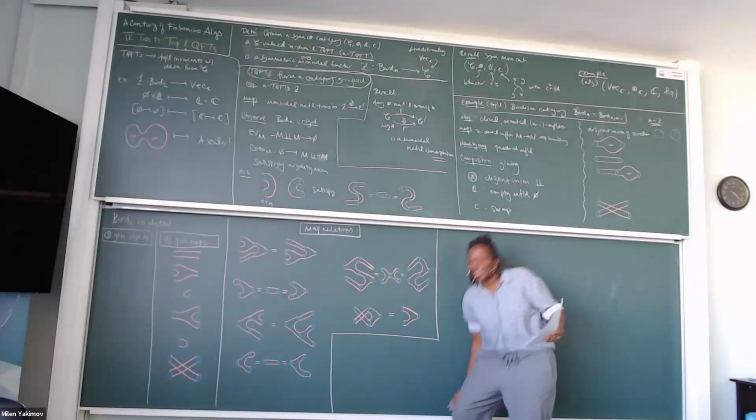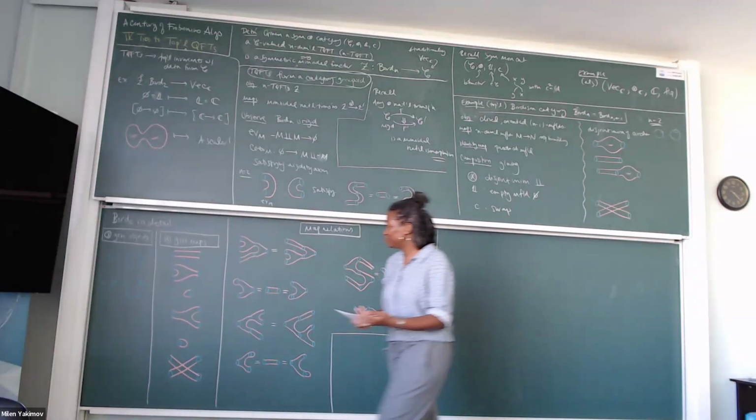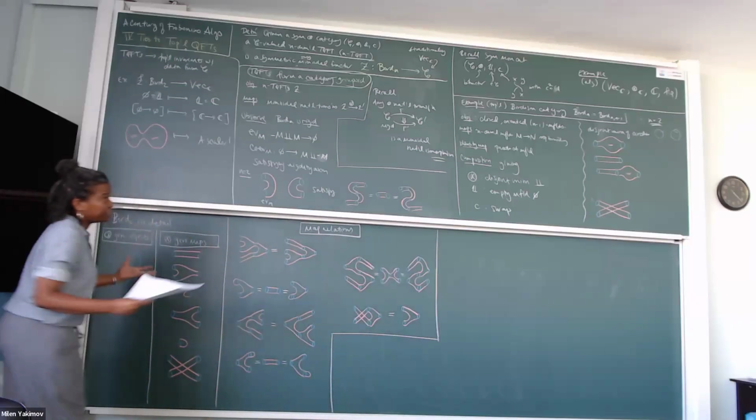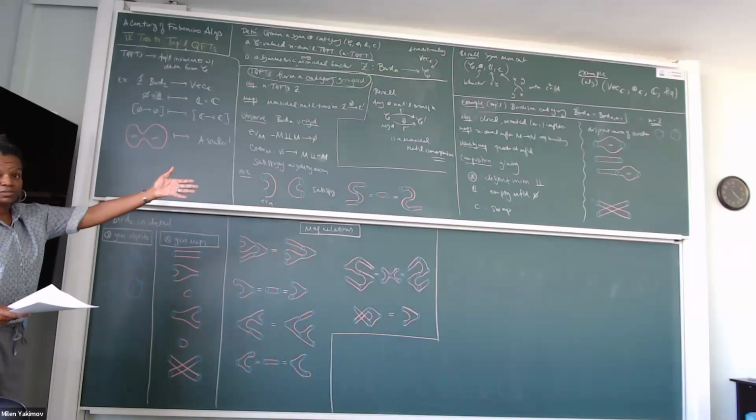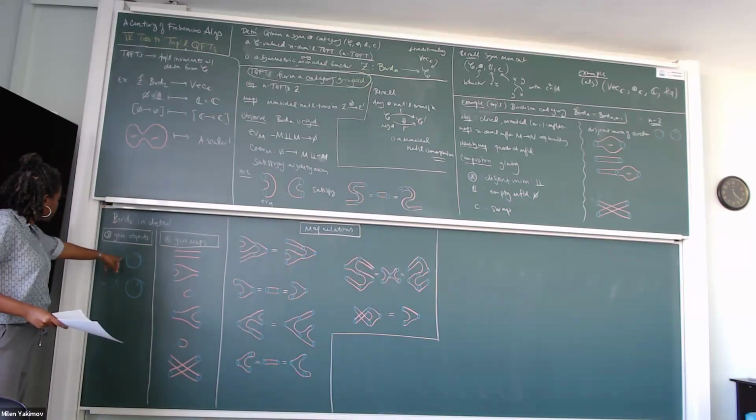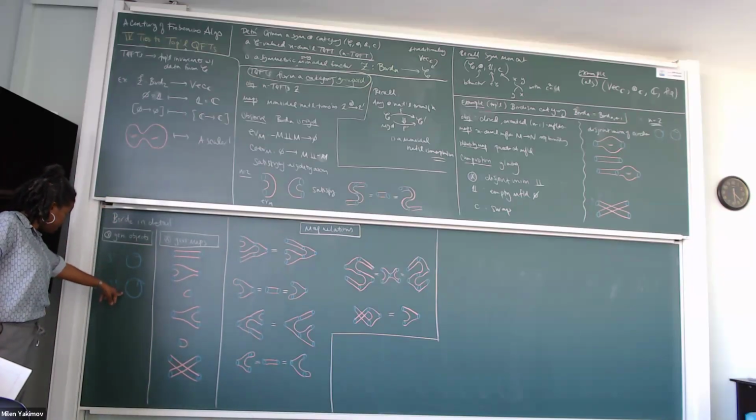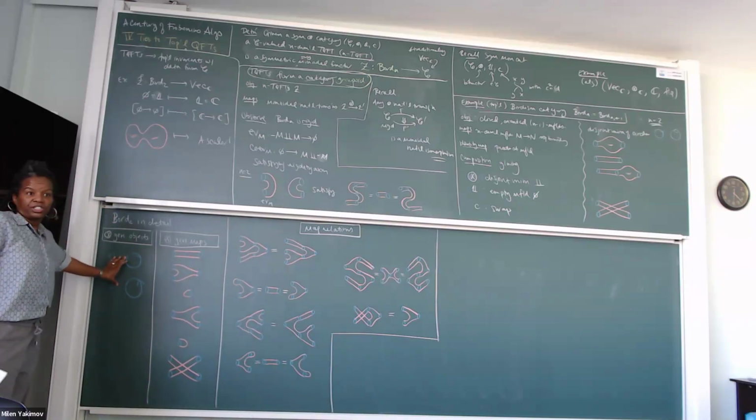Okay, Cob two in detail. So objects are disjoint unions of circles. So basically you have the circle oriented this way, the circle oriented this way. These generate your objects. Right?